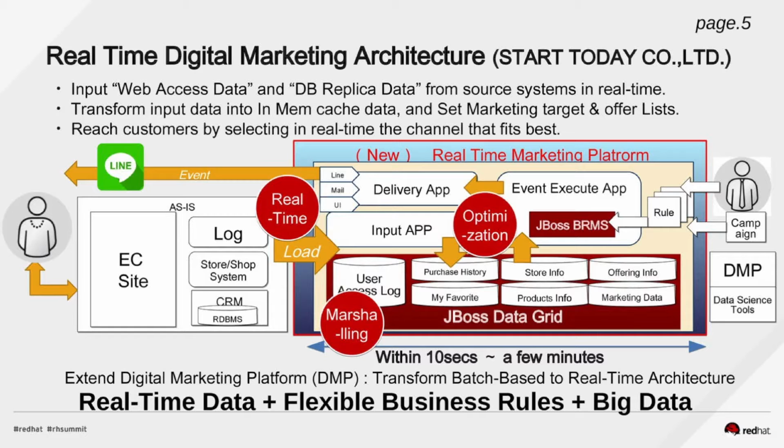And this architecture is able to execute customized optimization processes by business rule within 10 seconds. And then we will deliver to target consumers at speed, with multi-channel output similar to LINE. LINE is an SNS service in Japan.